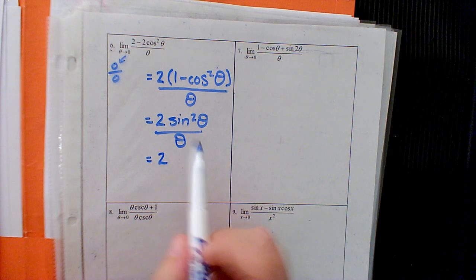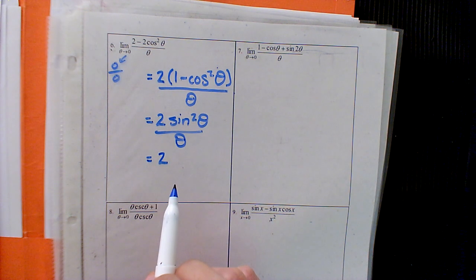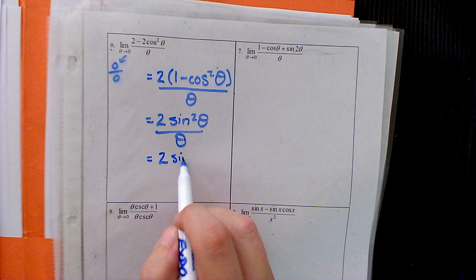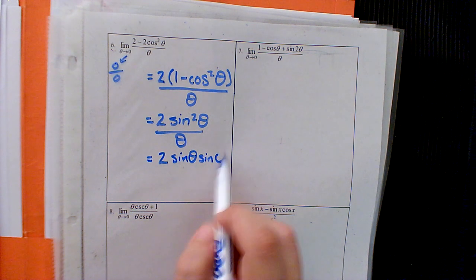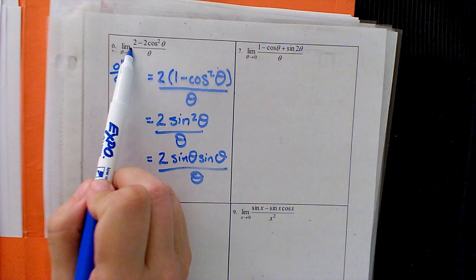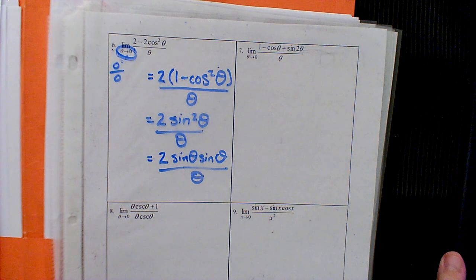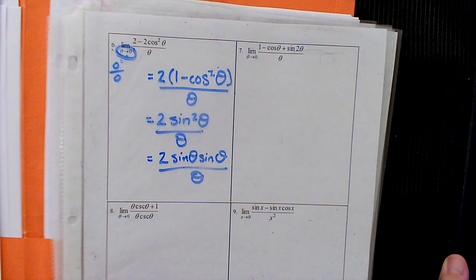Well, let me ask you this. If we have sine squared, that means we're multiplying 2 sine functions together. If you want to actually write that out, maybe it'll help you see it a little better. Notice how the limit is approaching 0, so we could use one of those trig limits if we had to.